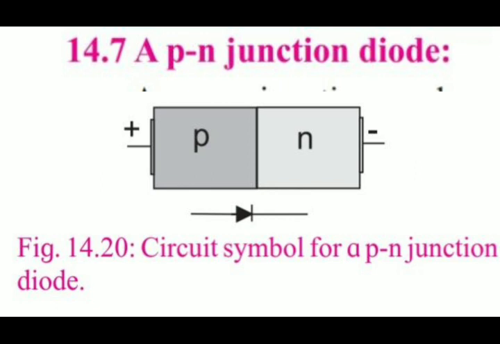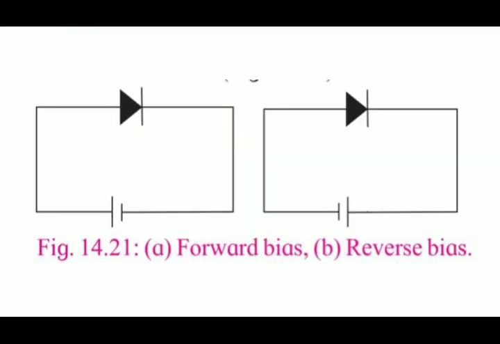The arrow indicates the direction of conventional current. The p side, the positive side, is called the anode and the n side, the negative side, is called the cathode of the diode.